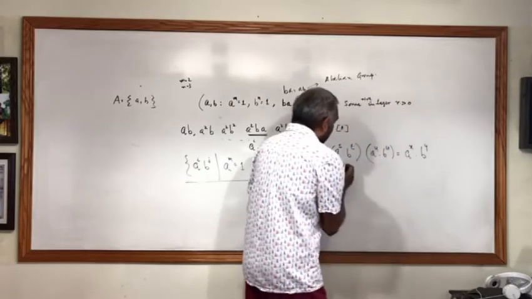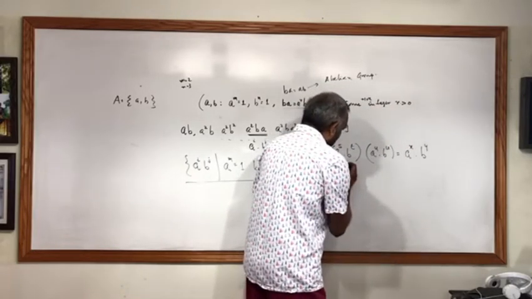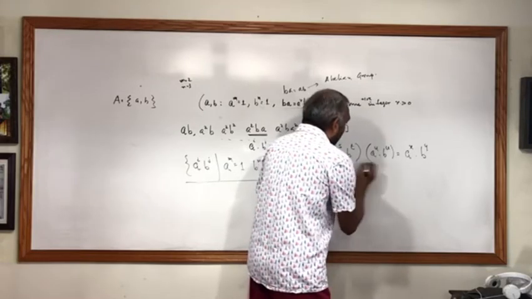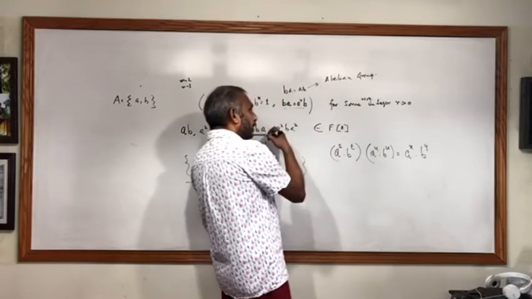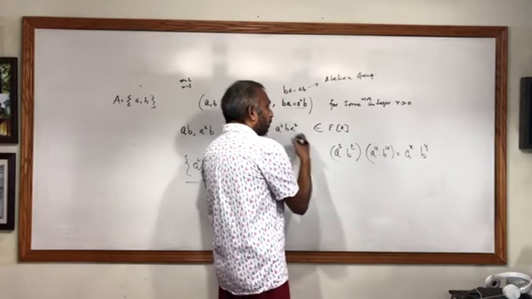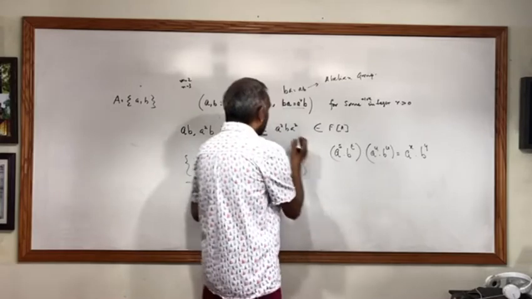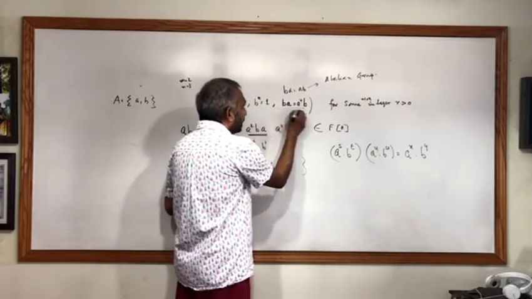Because if you keep on concatenating these two as in a free group, then it will be an infinite one. So we want to limit, and that is why we are coming up with a relation like this.